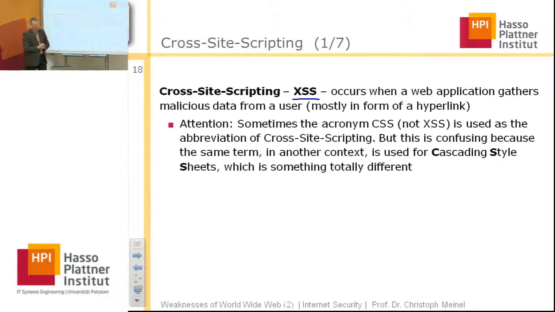Be careful. Sometimes people abbreviate cross-site scripting with CSS. But CSS is cascading style sheets. So be careful to distinguish these things. The typical abbreviation for cross-site scripting is XSS.